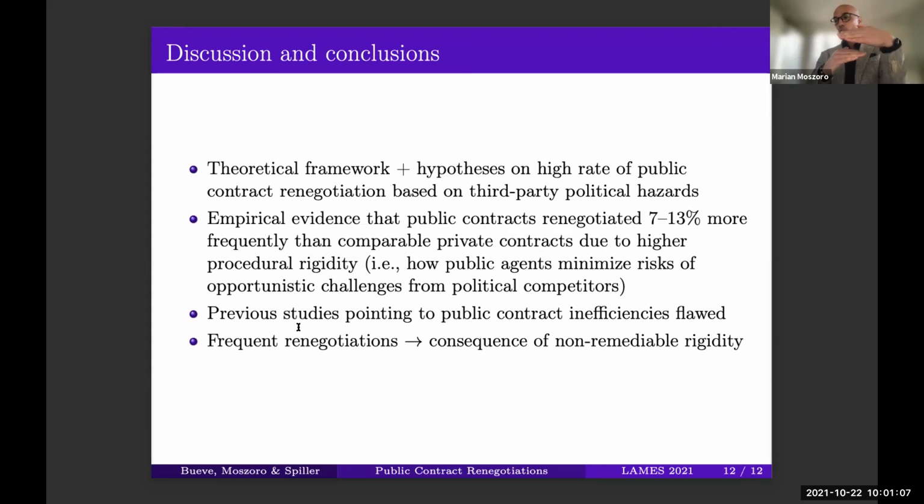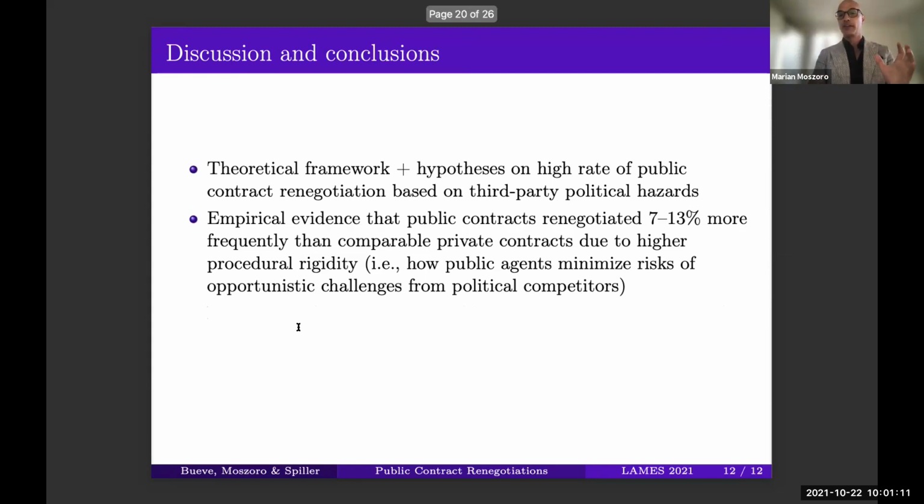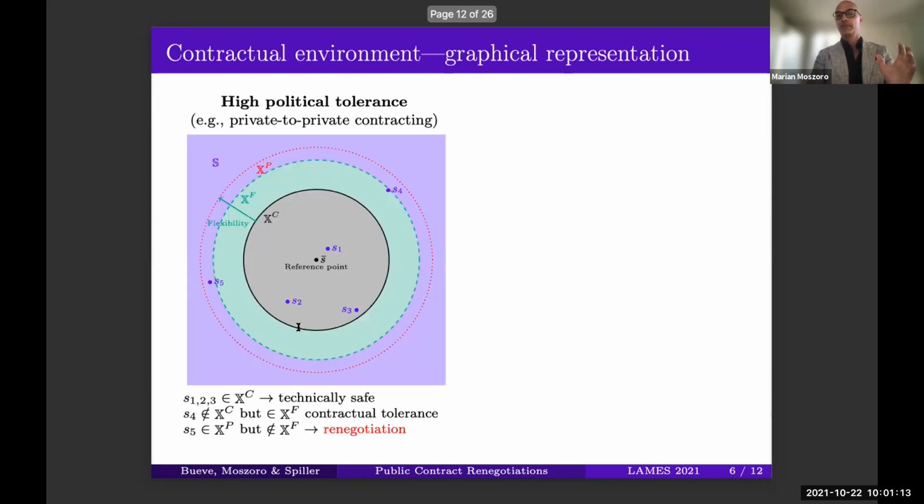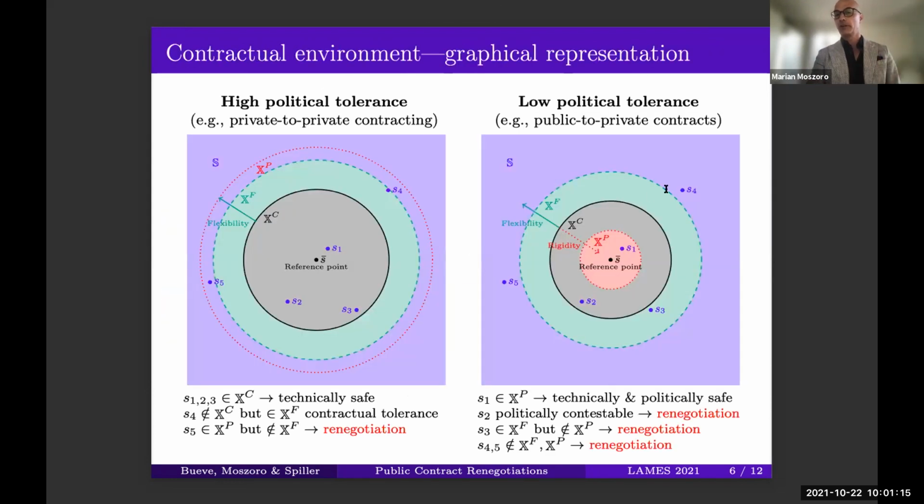But that means that when the state of the world is outside of the expected state of the world, you will have to renegotiate. So the Odebrecht effect in this picture would be that the red circle becomes even smaller because there is more political scrutiny, and that makes the contract be renegotiated more often.